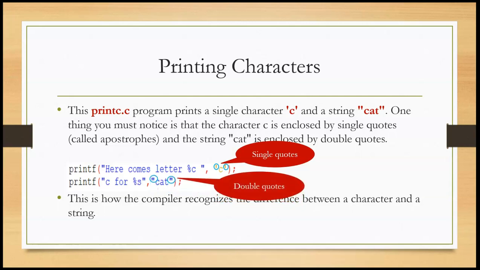This is how the compiler recognizes the difference between a character and a string. Please note that if we surround the single character C by double quotes instead of single quotes, it becomes a string with one character.